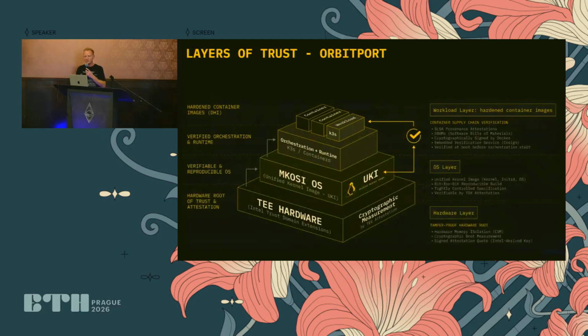If you look at the layers of trust for Orbitport, what we're doing is having our own OS image. We use MCOSI to build it. On top of that, we are running K3S. And for that, we have our container images that are being built with Docker hardened images. I'm not sure if you know it, it's a pretty new feature of Docker.